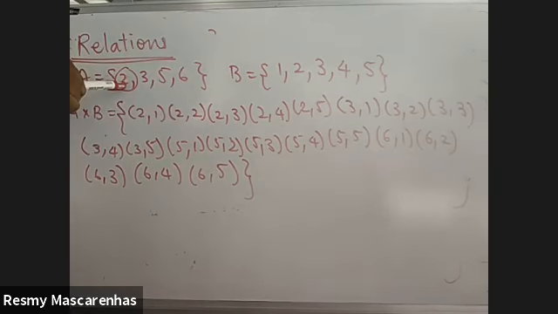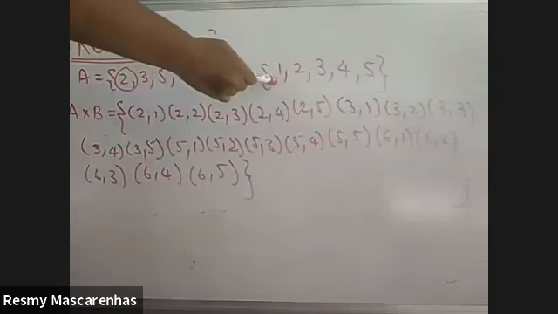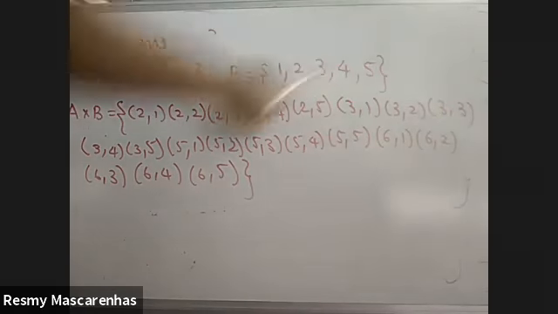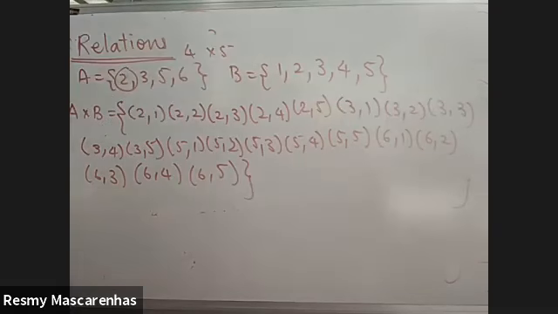How many elements does A have? 1, 2, 3, 4. And how many elements does B have? 5 elements. So 4 into 5 should give you 20 pairs. So you can check to confirm if you have done it right. I did some extra thing.